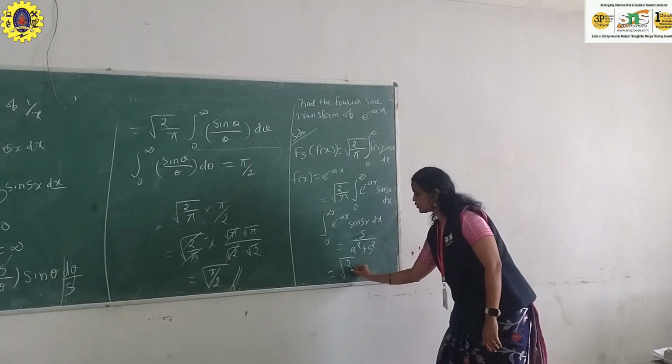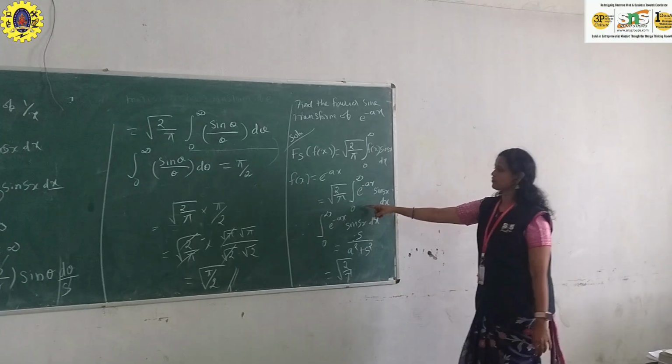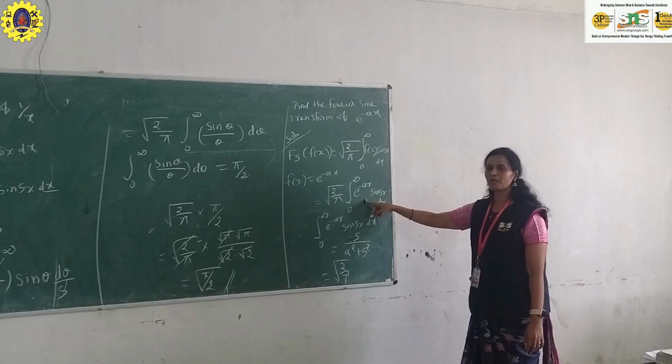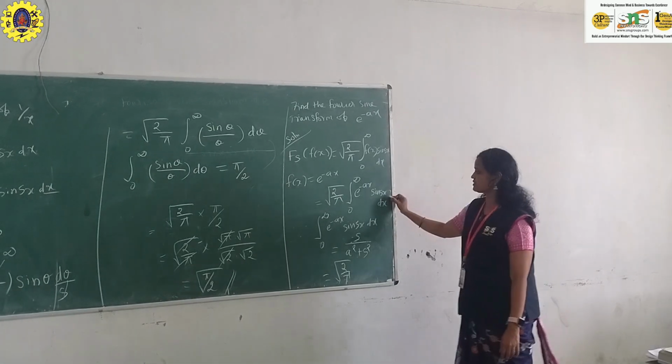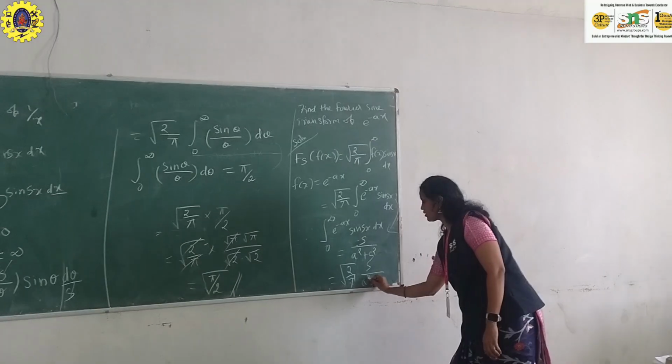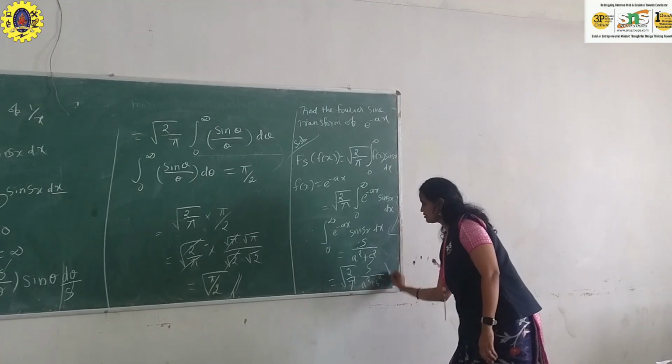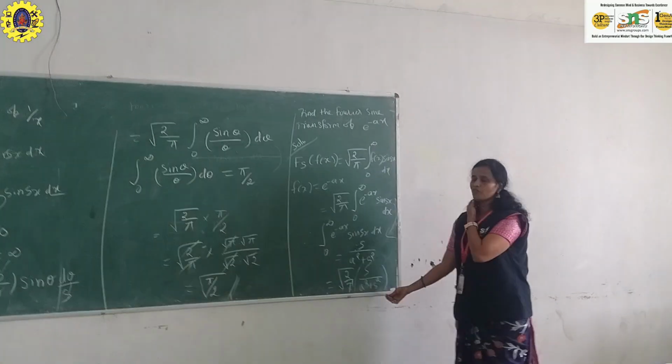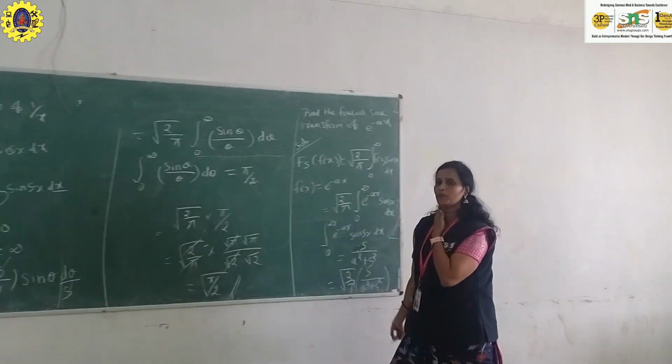So root 2 divided by pi, and instead of integral 0 to infinity e power minus ax into sine sx dx, it can be written as s divided by a square plus s square. This is the Fourier sine transform of e power minus ax.